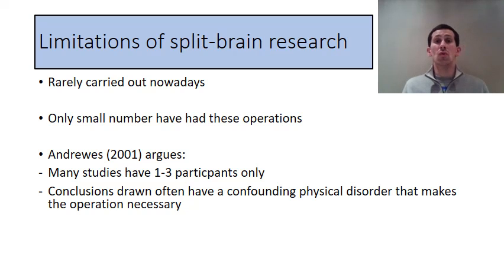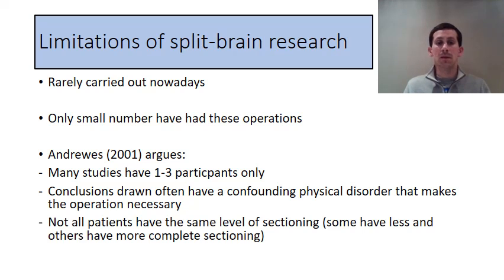And the conclusions drawn often have a confounding variable or physical disorder that makes the operation necessary, so it may be down to their epilepsy rather than the corpus callosum being disconnected. And finally, not all patients have the same level of sectioning. Some have less, some have more complete sectioning, and that clouds the findings and makes it far more difficult to get a clear answer on whether the left and right hemispheres have their own functions.